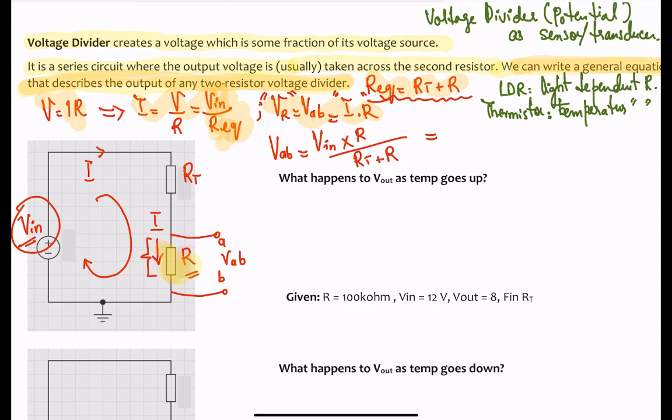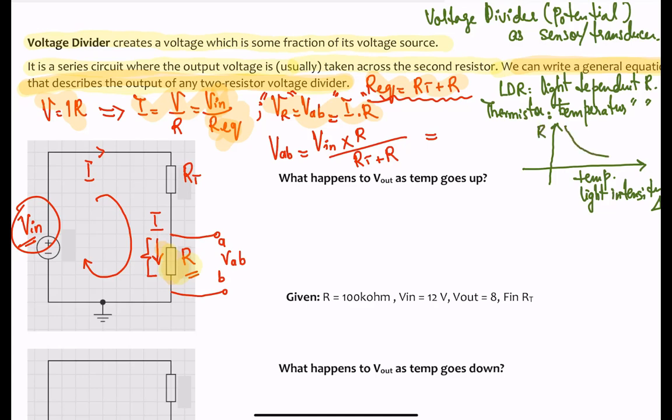In other words, if you look at it in a graphical format, on the x-axis you can have either temperature or the light intensity. So if you are using a thermistor, on the y-axis you have resistance.